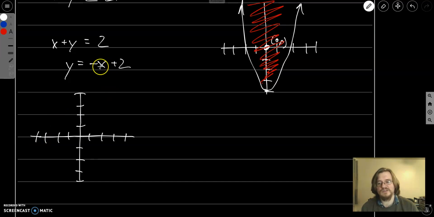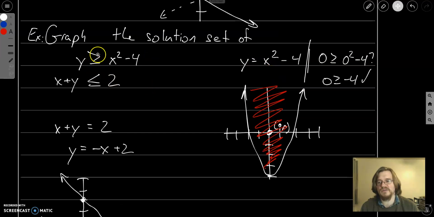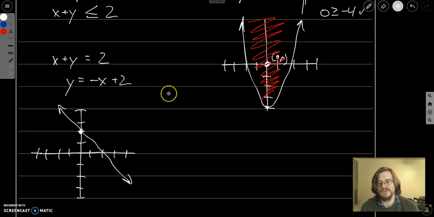Our slope is going to be negative 1, and our intercept is 2. So here's our intercept, and our slope of negative 1 means we go down 1 over 1, down 1 over 1. So our line is going like this. And notice that these are both solid lines because these are both greater than or equal to or less than or equal to.